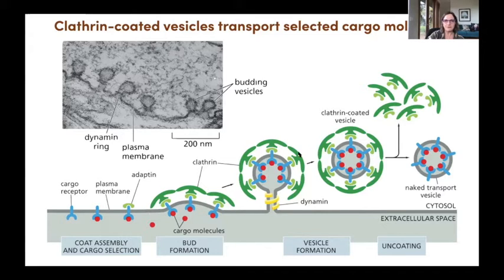And then clathrin, as we've already talked about, helps to bend the membrane and ultimately helps it to pinch off with the help of a GTPase called dynamin, which helps to do the final step in the fission process that separates the vesicle from the membrane that it's emerging from. And then the clathrin uncoats the vesicle inside the cell and leaves it to go to its target.